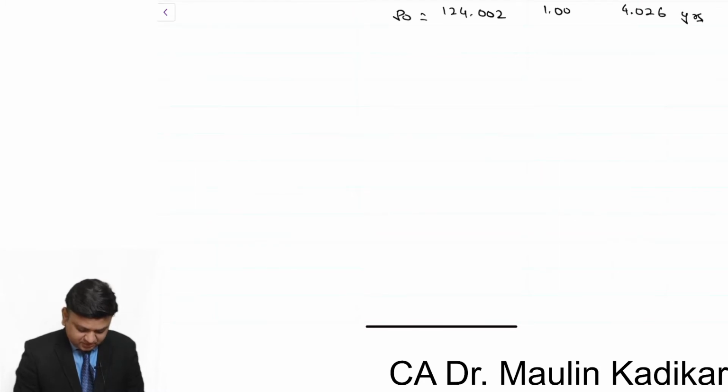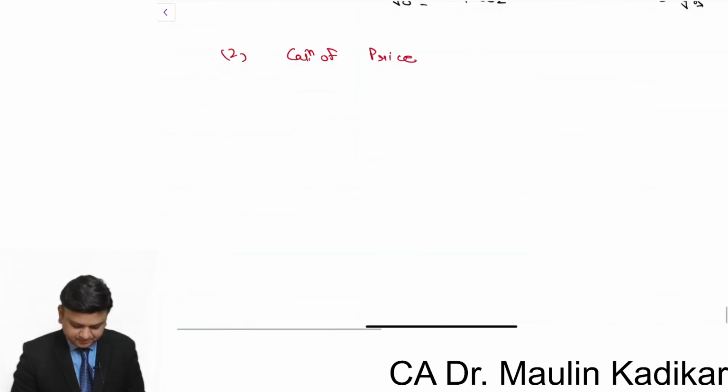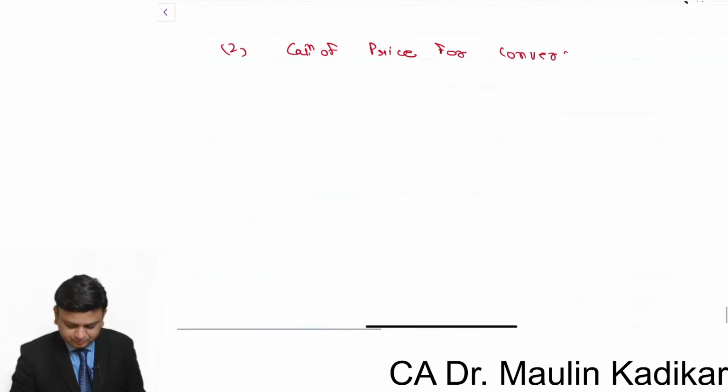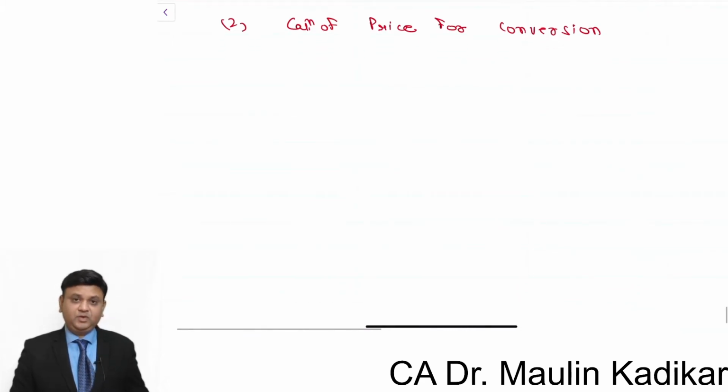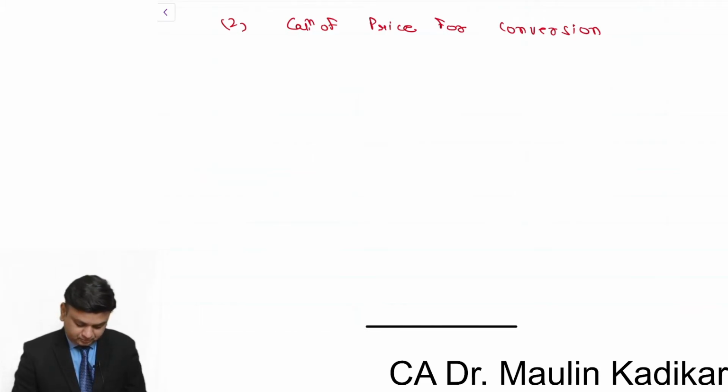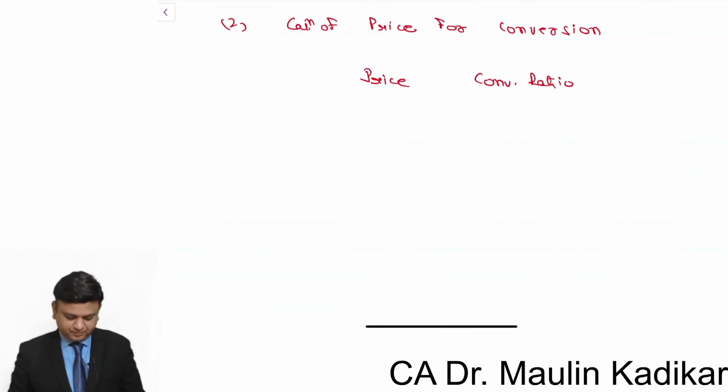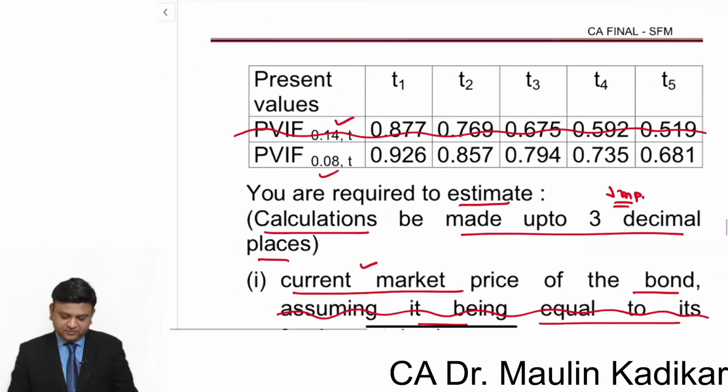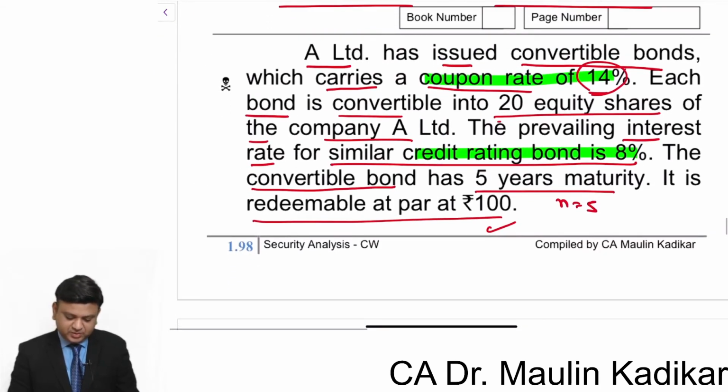Now the answer for the second question. Calculation of price for conversion. We have been provided the information that the conversion ratio is 20 equity shares.